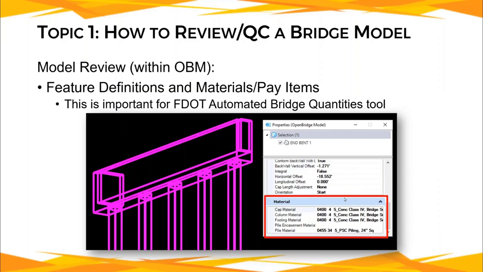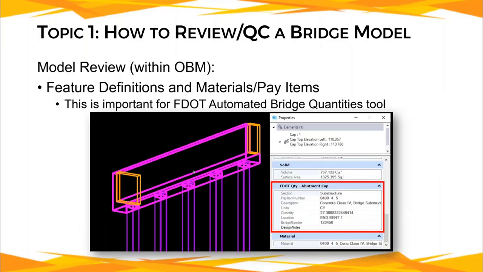So once you select the materials for the entire element, then when you drill down for the cap, again, for this example, you can see that there's what's called an item type called FDOT quantity abutment cap. You can see that it takes that material, which is grayed out now because we're not editing it, we're just viewing it, and it pulls all of the information that gets reported onto the EQR.